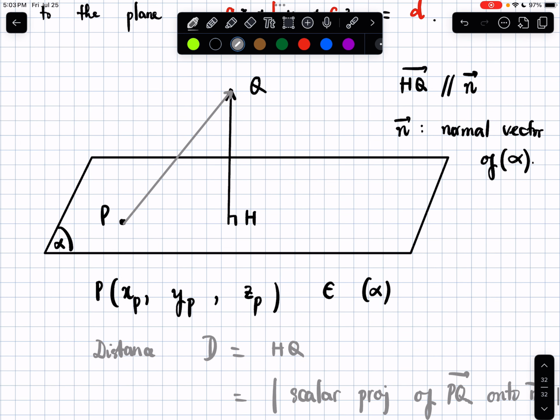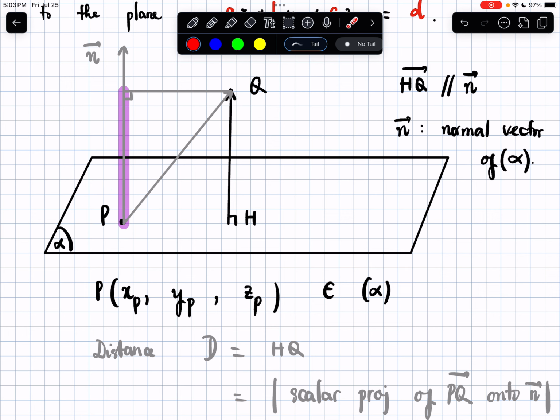So say n is this normal vector of alpha. Then the distance QH equals the absolute value of the component. So this length, the distance, equals this length, and this length is the absolute value of the scalar projection of PQ onto vector n.